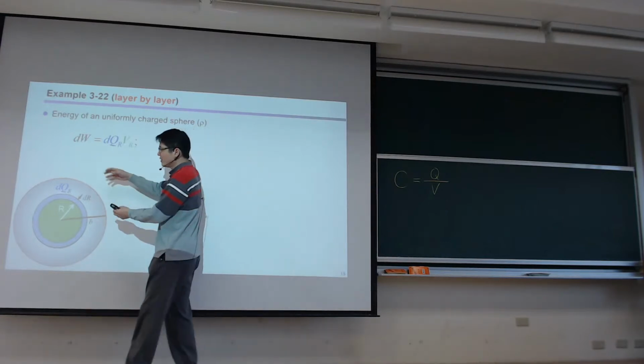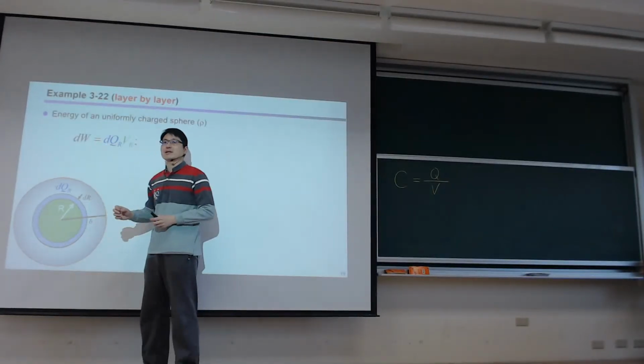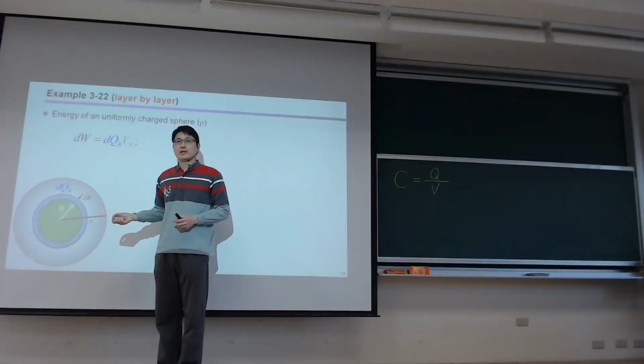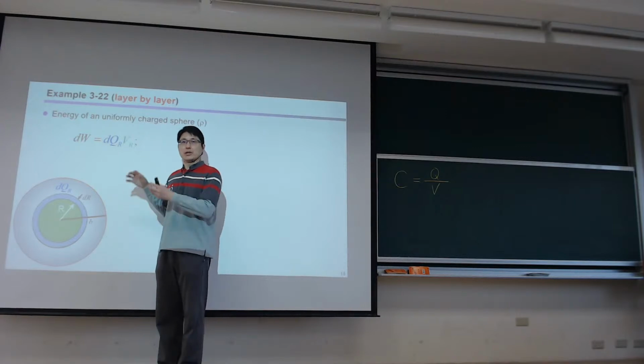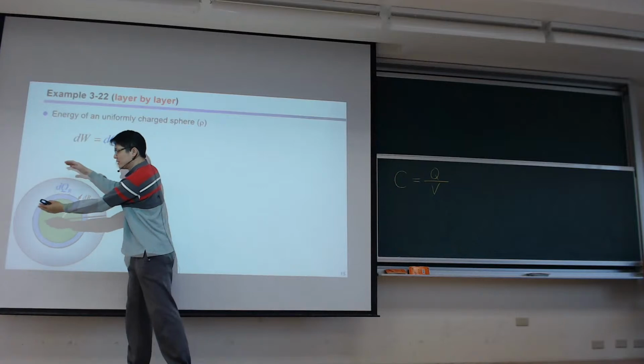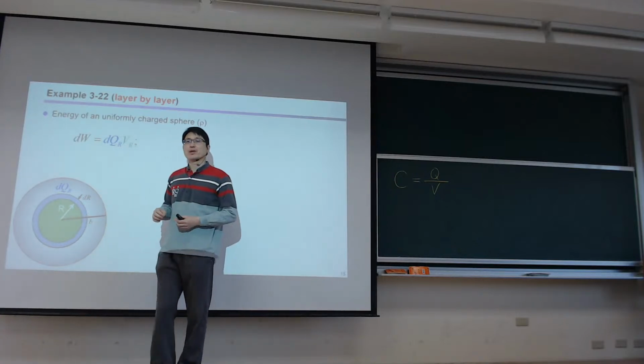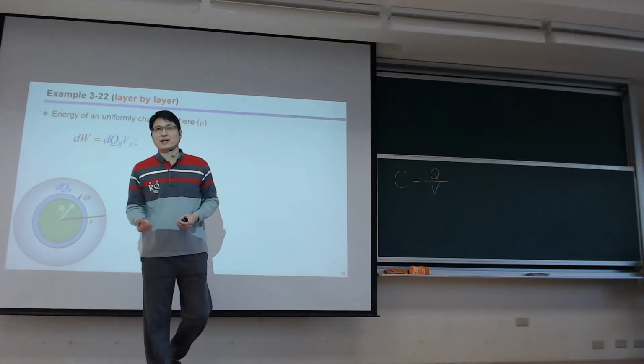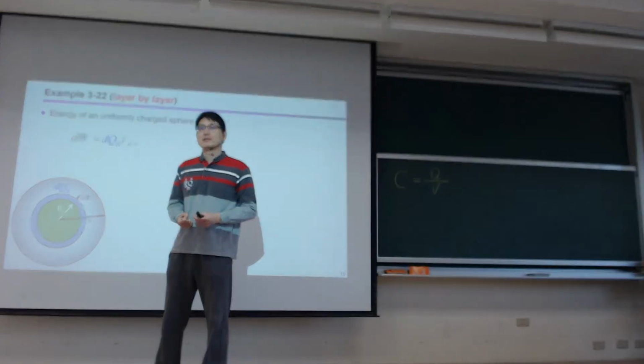If you have lots of charges in space, that is telling you it is acting like a capacitor, because in the process of assembling that charged sphere, you actually have to devote work. Okay?